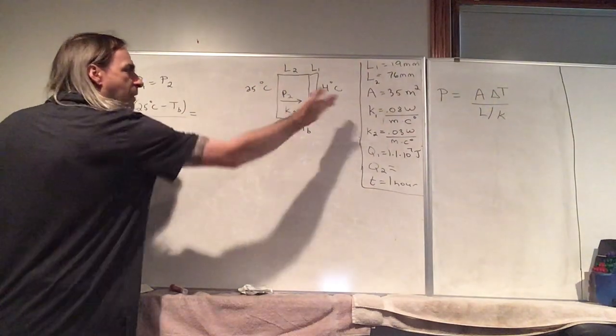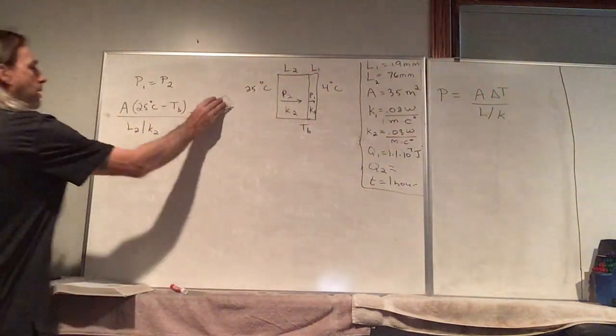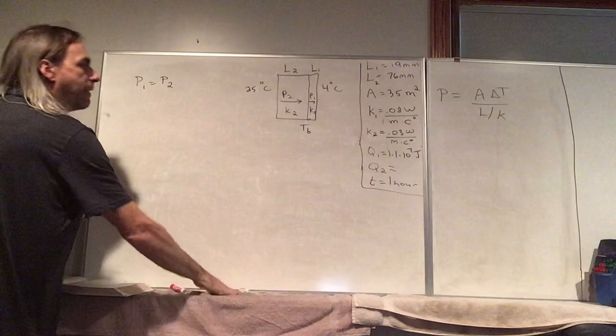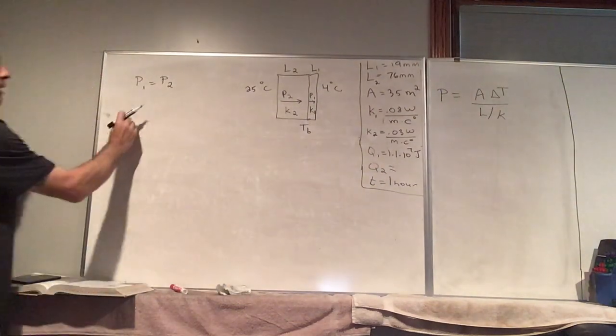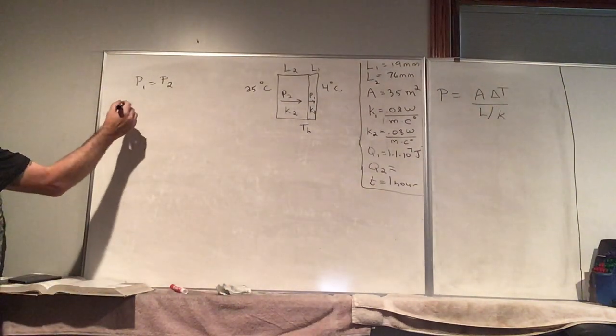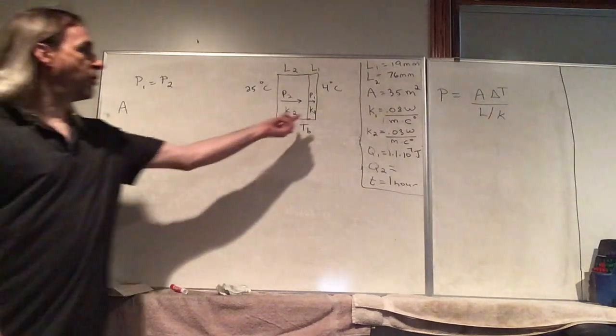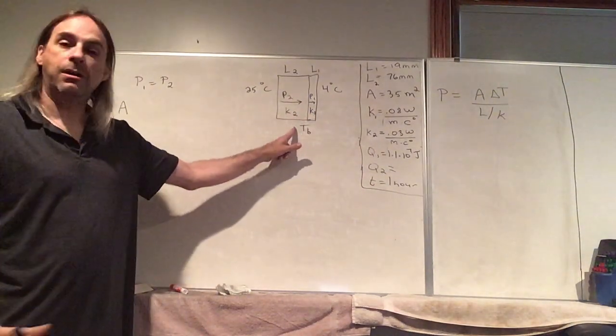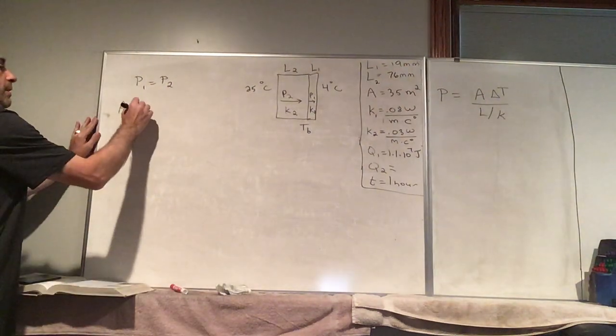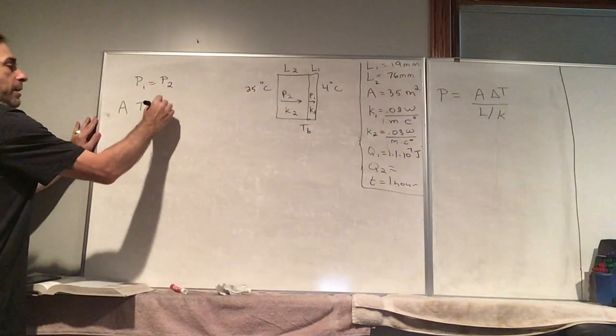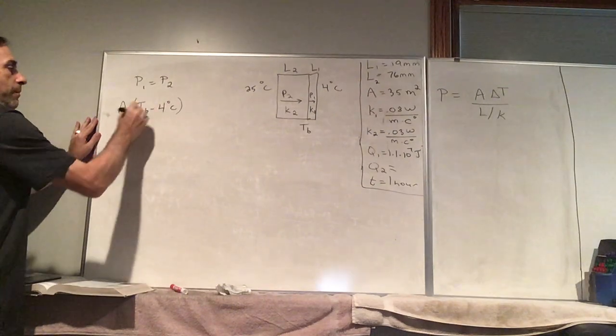I'm looking at it from left to right, but P1 is here, so let me just rewrite that. P1 is A. But now for delta T, this is the hotter temperature. So we're going to say TB minus 4 degrees Celsius.